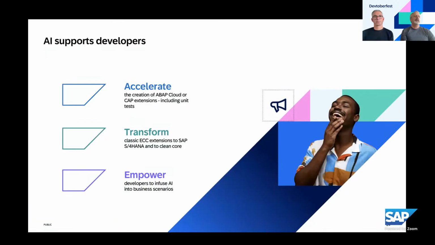The first thing is about AI. We are convinced that AI can support developers in different dimensions. First of all, accelerating you in your day-to-day work, because we infuse AI directly in the IDE, be it in ABAP or CAP, so that AI is used during code completion, explaining code, and correcting code.